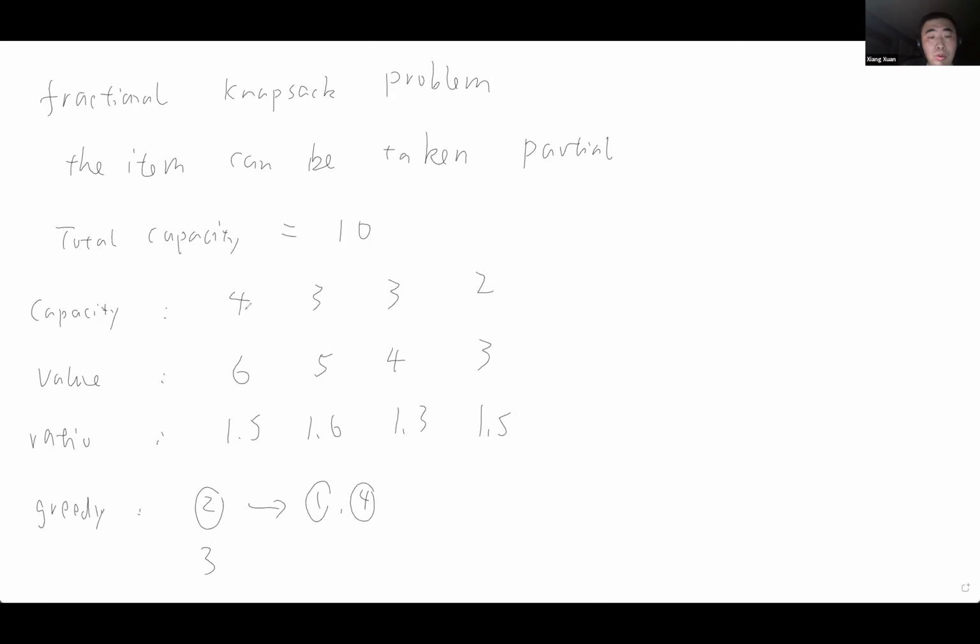That will give you 4, 2, that's 6, so you get a 9. Then for the last one, you only have 1 unit left, so you can take 1/3 of the third one.